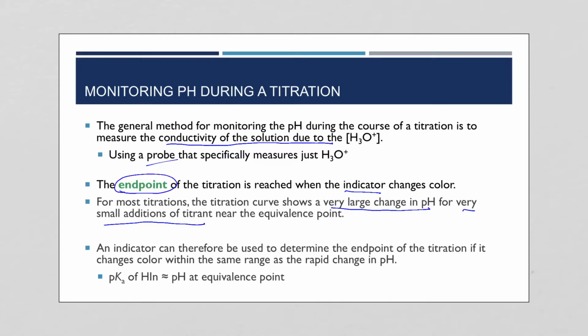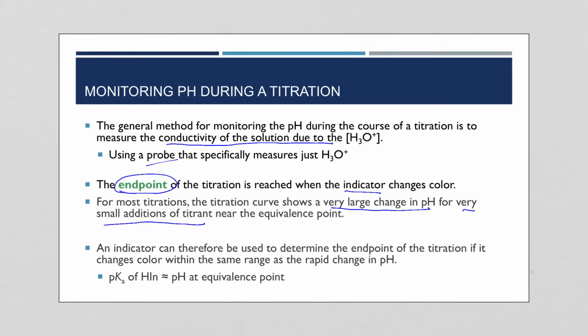So just to make a distinction between those two terms, the equivalence point is the stoichiometric point. That's the point that's based on the moles of acid equal to moles of base. So that's when the reaction is complete. The equivalence point refers to the reaction itself, the chemical process going on. The end point is the color change.